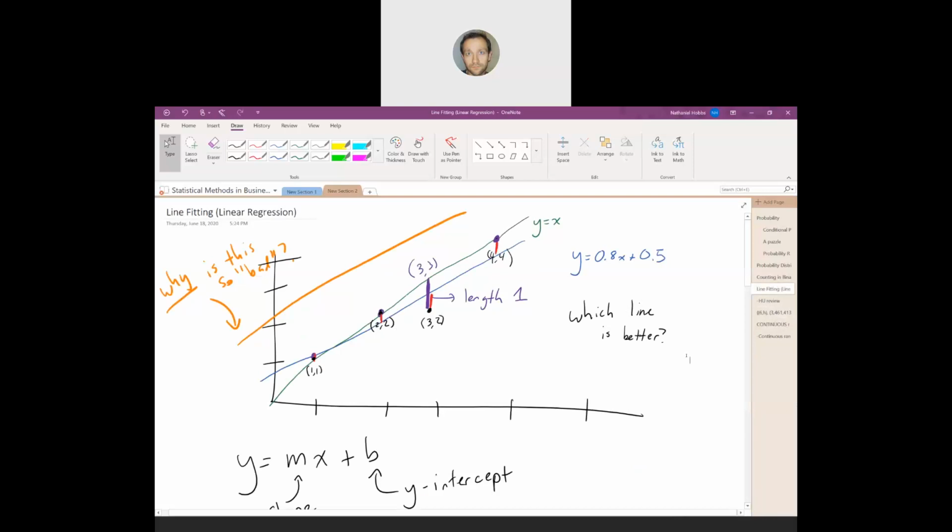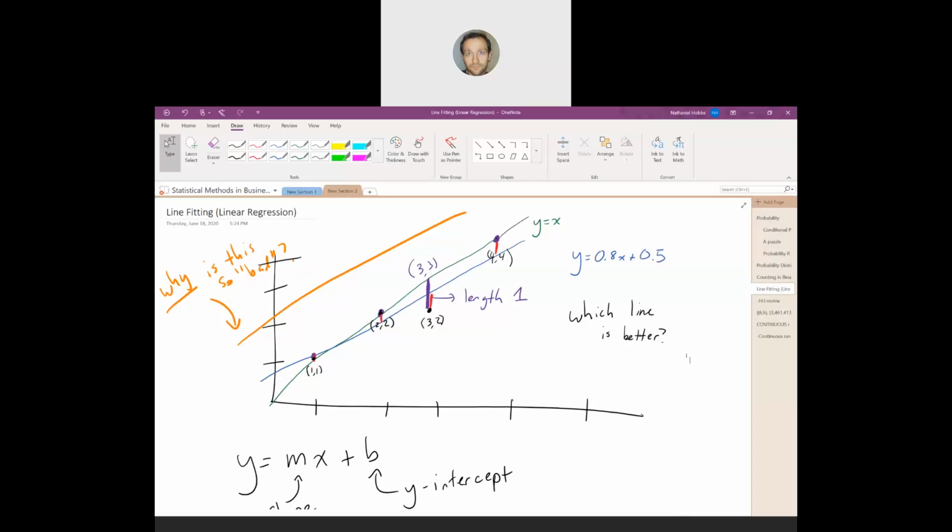So, from the line perspective, drawing a best fit line, not the normal distribution, but you're drawing a line. From that perspective, intuitively, the best line is the one that, on average, has the shortest distance to all of the points.